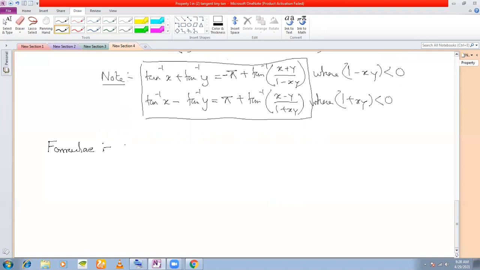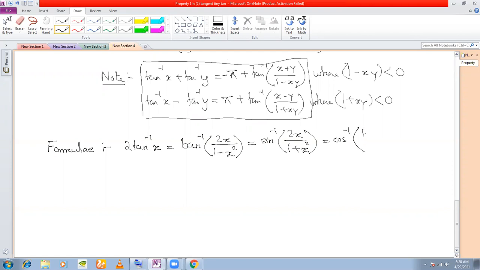The first formula here is the first, and in fact the only formula: 2 tan inverse x is equal to tan inverse 2x by 1 minus x square, is equal to sin inverse 2x by 1 plus x square, is equal to cos inverse 1 minus x square by 1 plus x square.